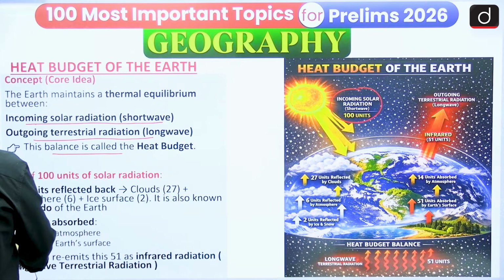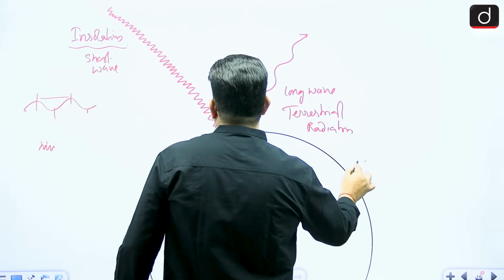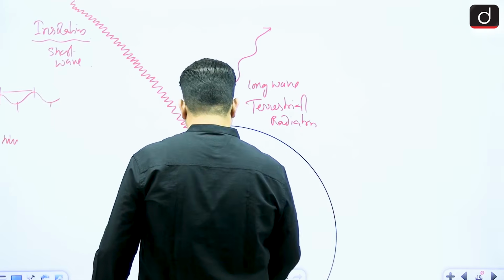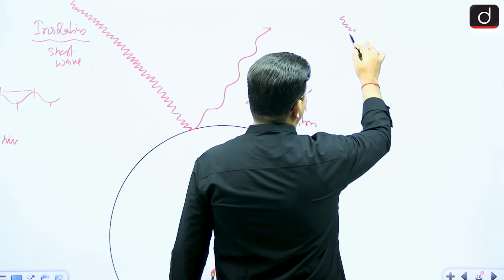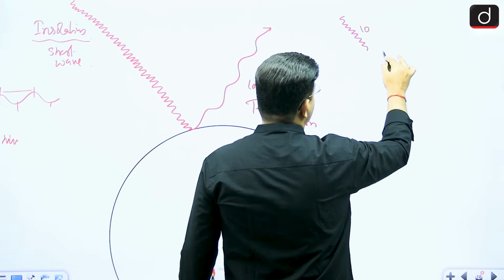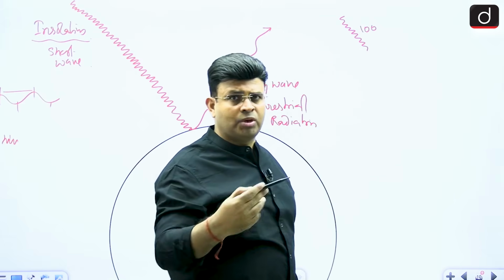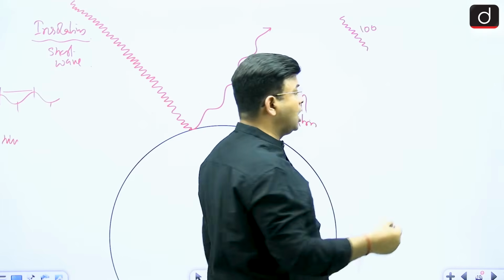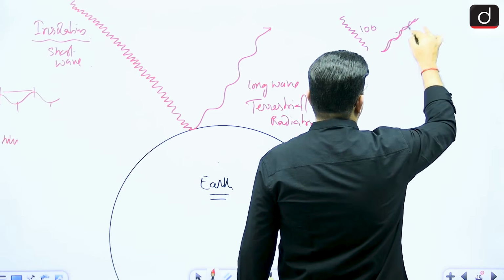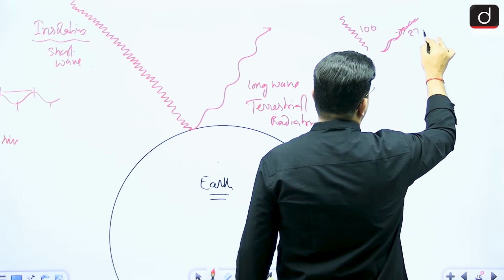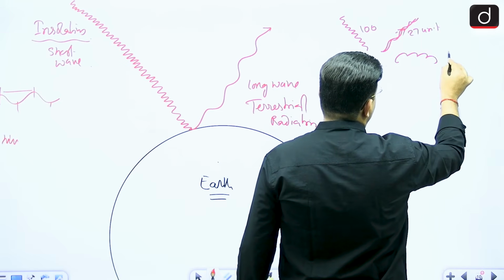Out of this 100 units, 27 units are directly reflected back by the upper atmosphere and the cloud.